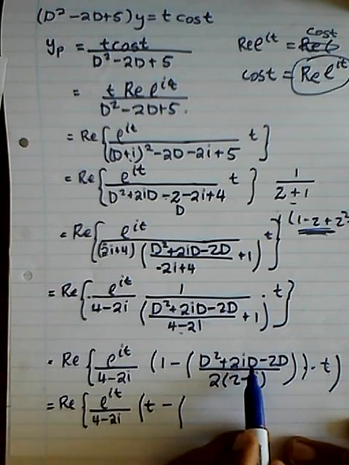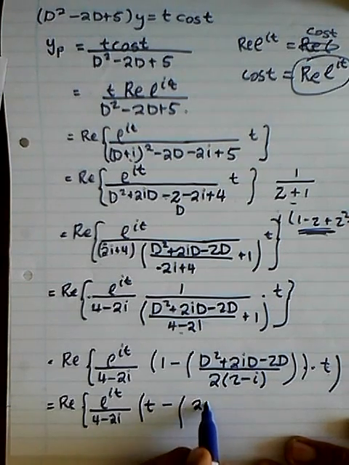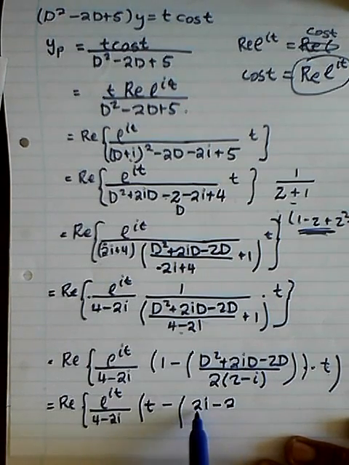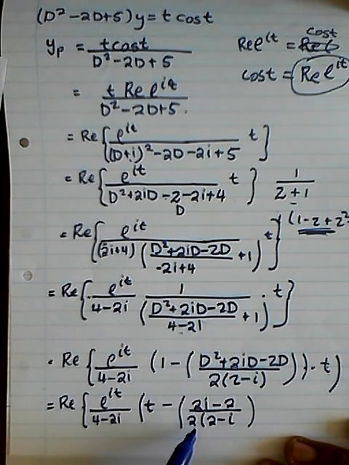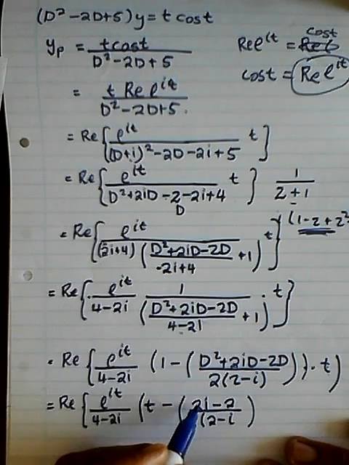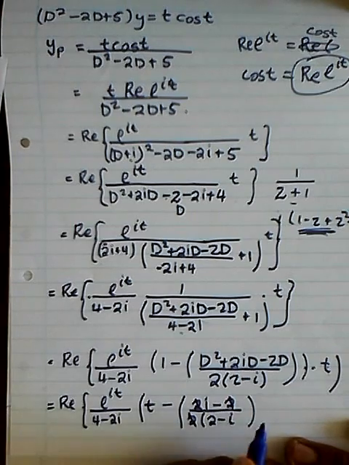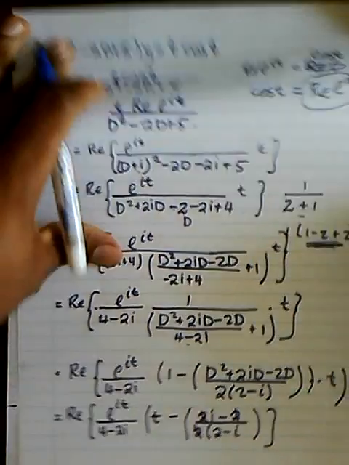So the derivative of t once, according to this term, we're going to get 2i, and for this term we're going to get minus 2, and then this is divided by 2 times 2 minus i. So you can see that this was a wise move, because this 2 is going to cancel this 2. So let me just copy out everything. I'm going to need a new page for that.